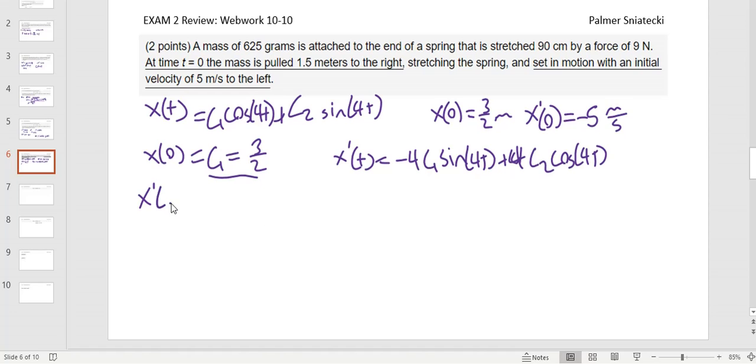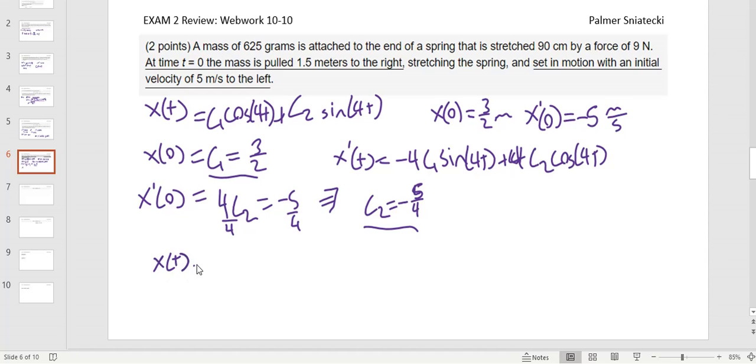At x prime of 0, the sine term is going to zero out since sine of 0 is 0. And cosine of 0 is equal to 1, so we're going to have 4 c2 is equal to negative 5. If we move that over, dividing both sides by 4, c2 is going to be equal to negative 5 over 4.